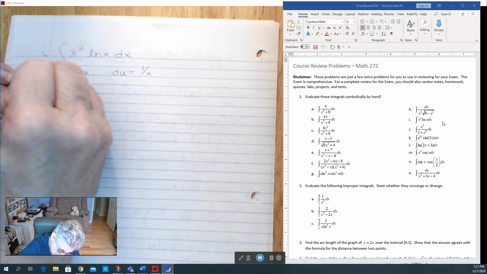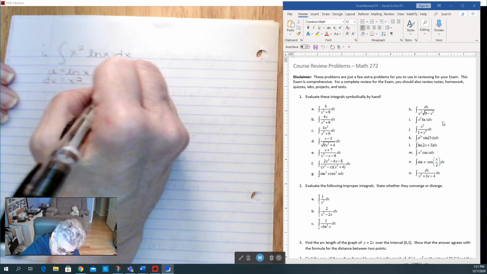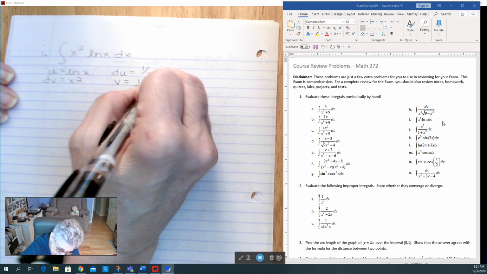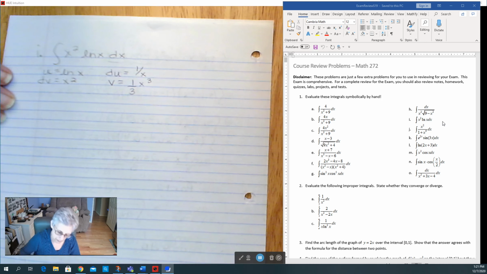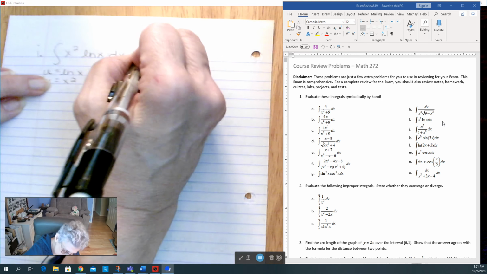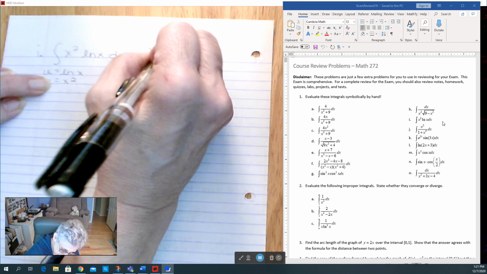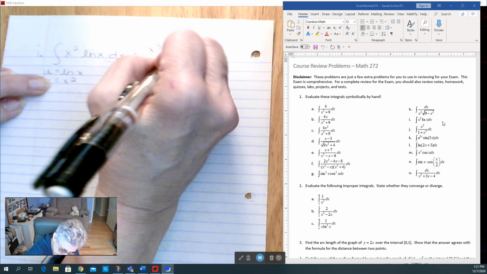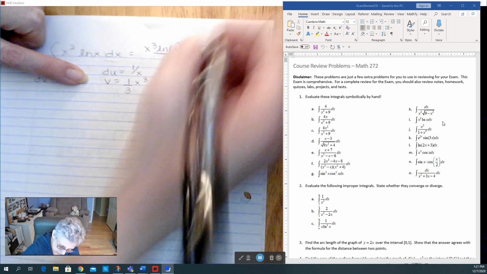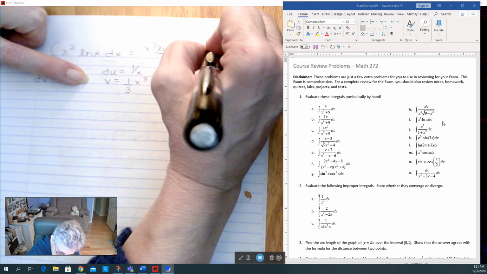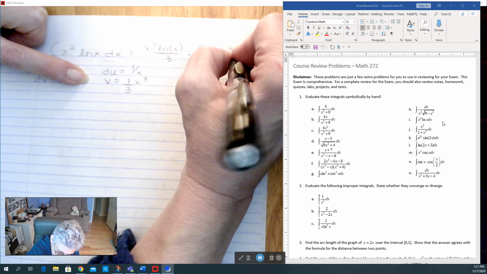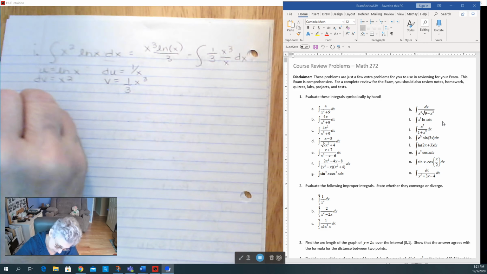And then dv is equal to x squared, so v is equal to, add 1 to the exponent, divide by the new exponent. u times v minus the integral of v du. So 1/3 x cubed over x dx.